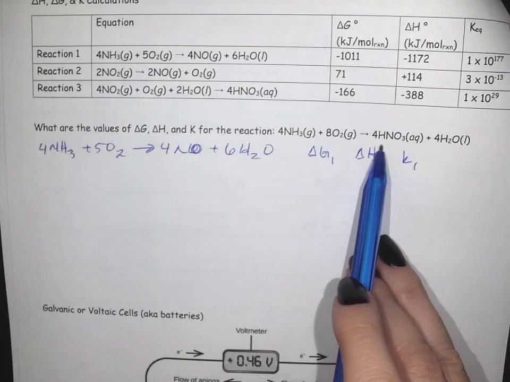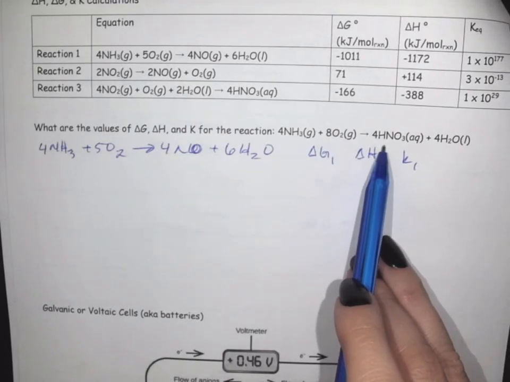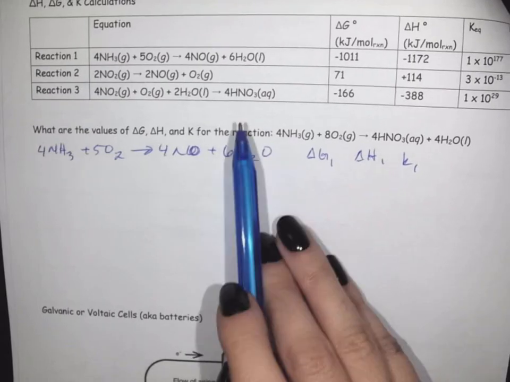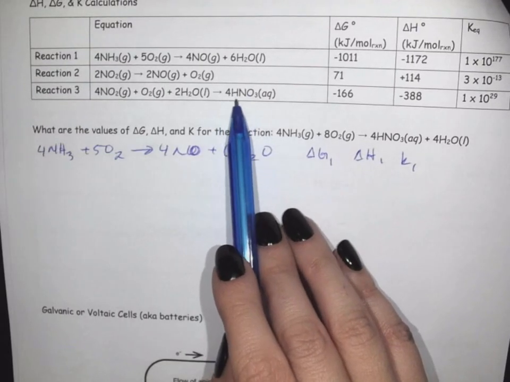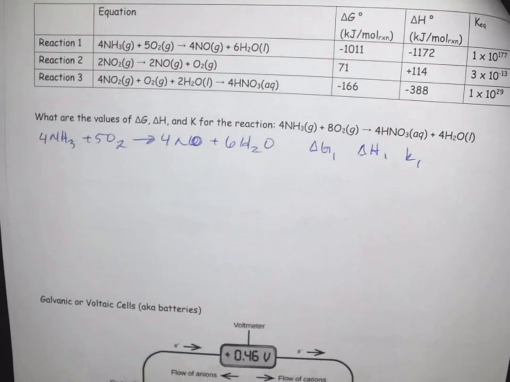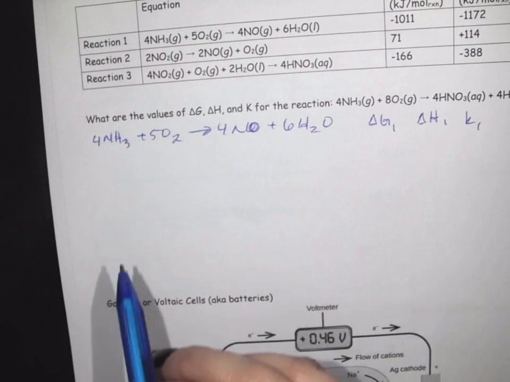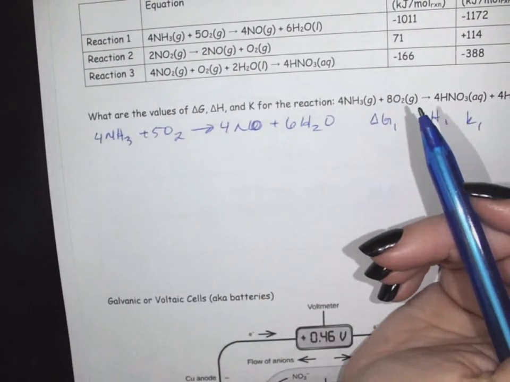Now there's 4 HNO3s on the product side. Well, right here I see 4 HNO3 on the product side. So how about I take this third reaction and I leave it just the way it is.